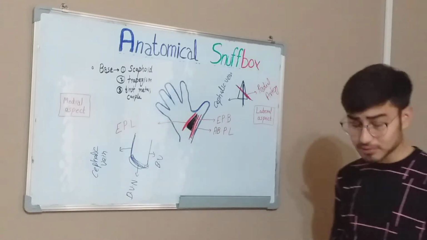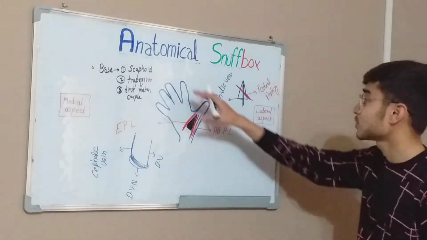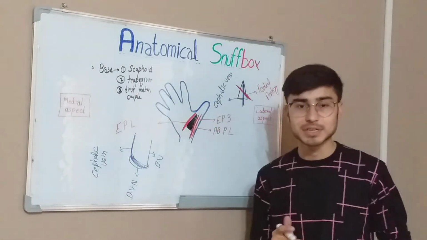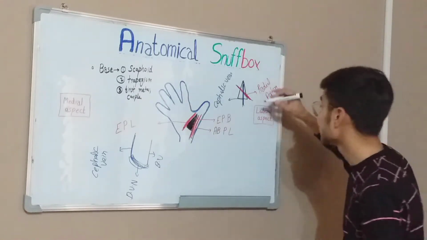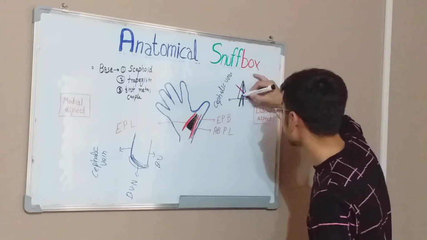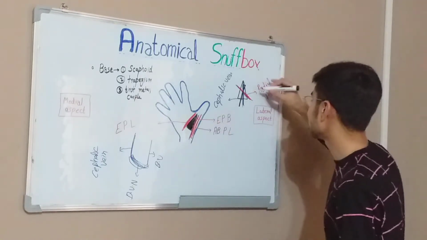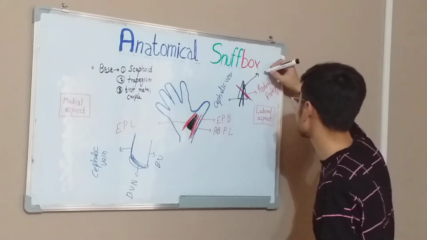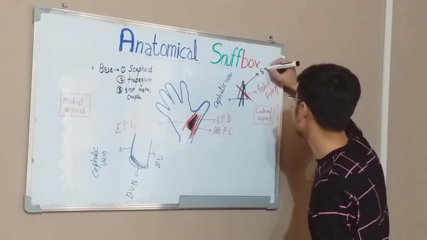And now we have a nerve passing through the anatomical snuff box, and that very nerve is the superficial branch of the radial nerve. So let's suppose that this is the superficial branch of the radial nerve.